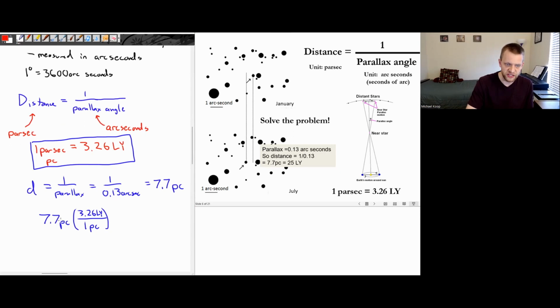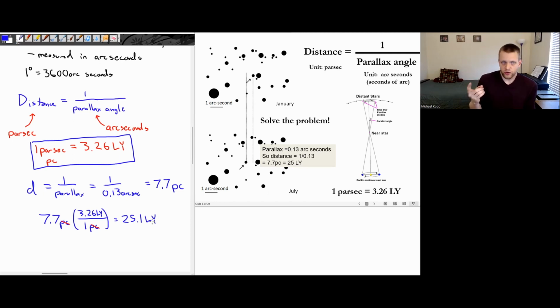Notice that in this equation, the parsecs will cancel out. In this particular case, we're left with around 25 light years. Let me double check that with my own calculation. Yeah, 25.1 light years of distance.